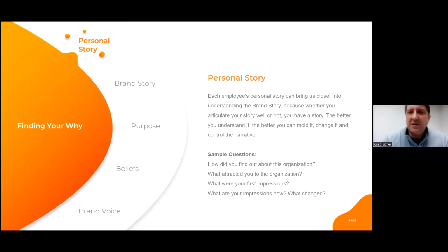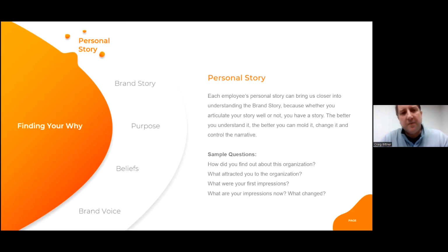Each employee's personal story can get you closer to understanding your brand story, because whether you articulate your story well or not, you do have a story. And story is how you start to express to people what you're about without just telling them, here are our services and here's what we do. So the better you understand it, the better you can mold it and change it.